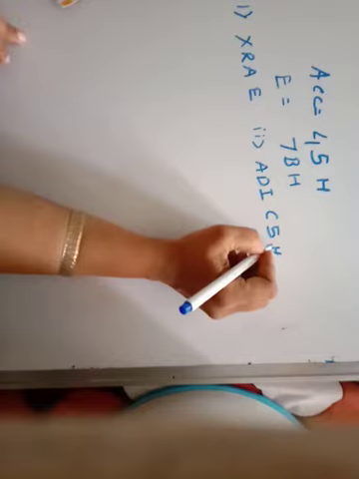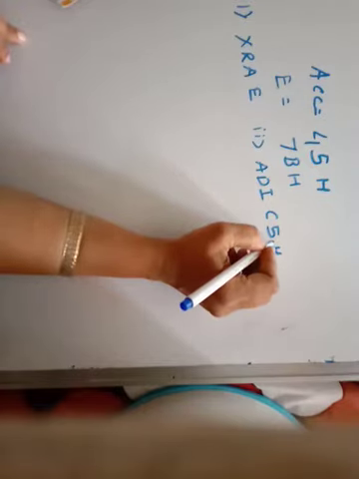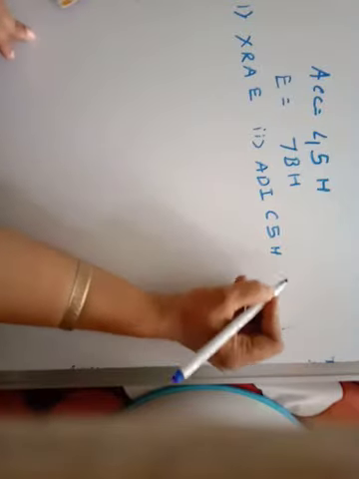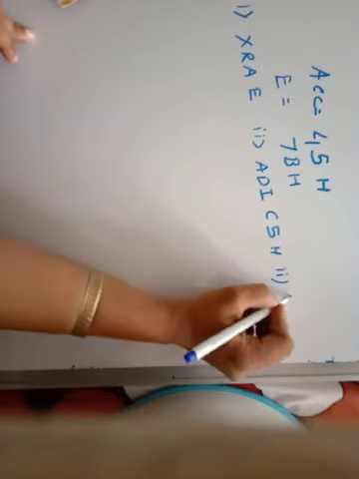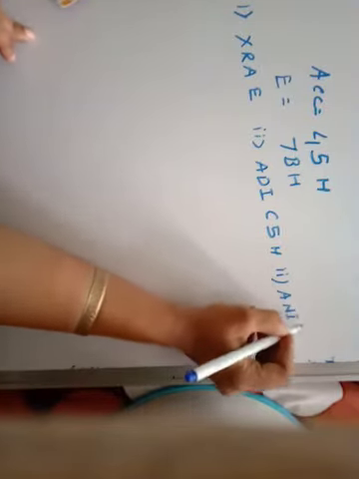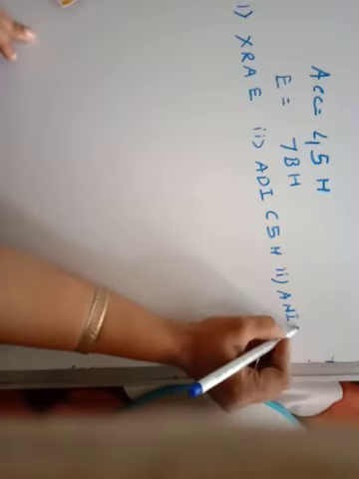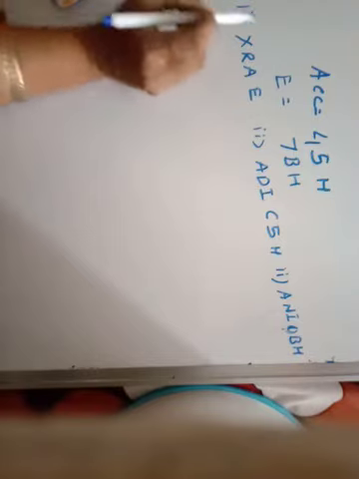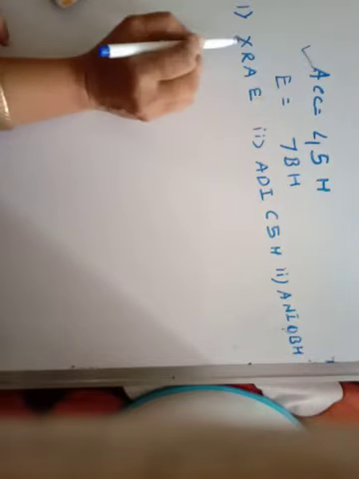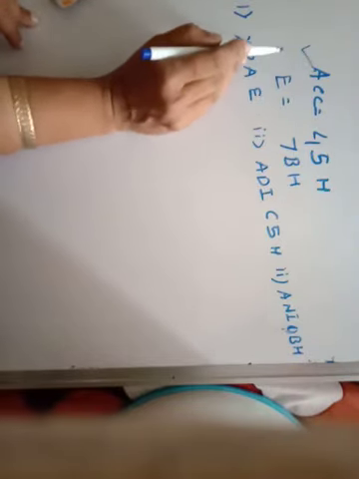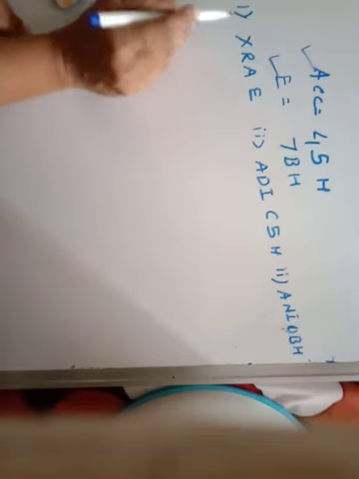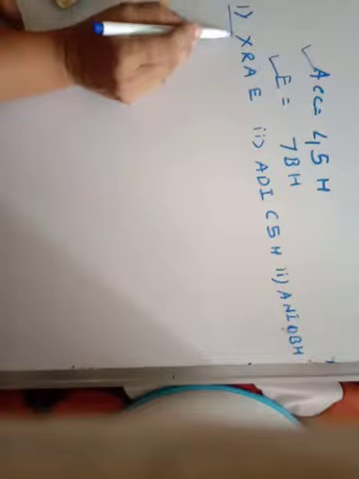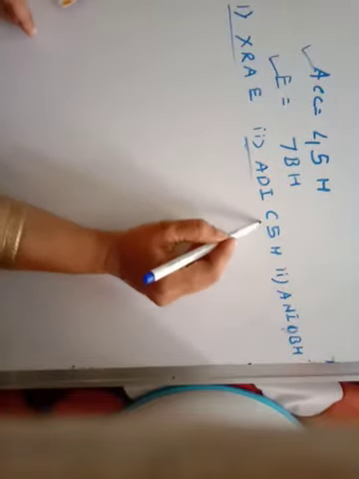Then the third one is ANI 0BH. Okay, so you have given the contents of accumulator, then the contents of register E, then you have to find out the contents of accumulator after the execution of all these instructions.